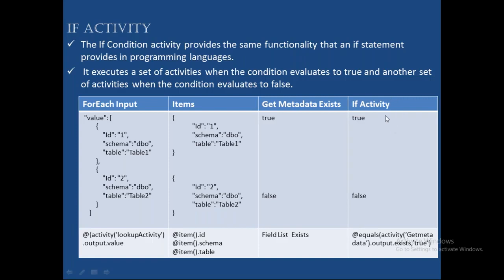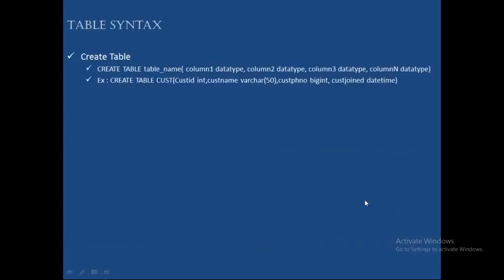So I'm going to write an if condition saying that if get metadata returned exists, then my condition should be true. If get metadata returned false, my overall condition should be false. So based on this, if get metadata returned true, the if activity is true, and if get metadata returned false, this is also going to be false, right?